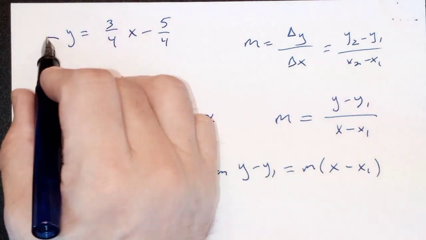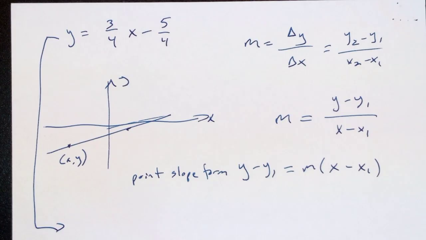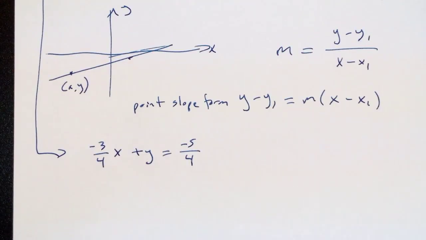So the other thing we can do is take this equation and rearrange it to put all of the variables on the same side. I'm not thrilled with that. It would be nicer if they were whole numbers. Multiply through by 4.